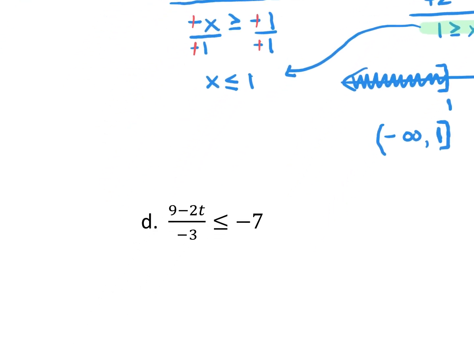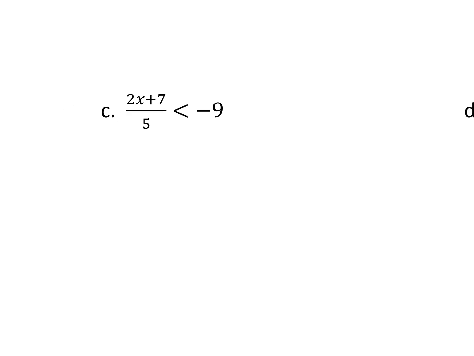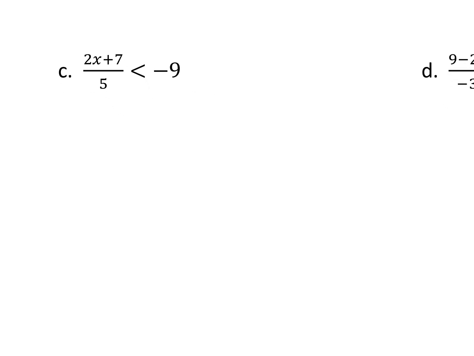All right, let's look at a couple other ones. You're going to see some that involve fractions, and so I just want to show you the process for this. Example C, we have 2x plus 7, all of that divided by 5, is less than negative 9. And so just like with equations, the first thing that we want to do is get rid of our fraction.